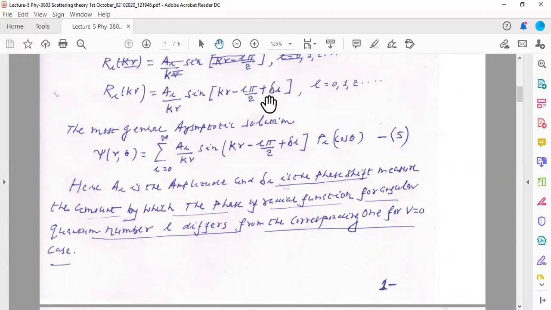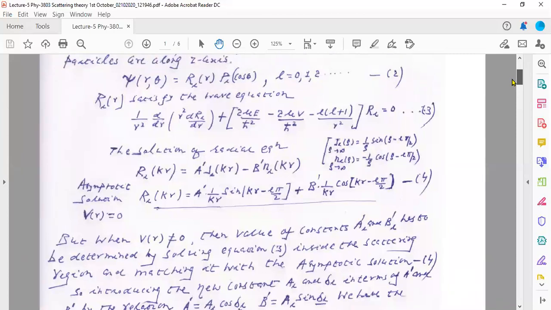So this expression is RL of Kr, which is the solution which we obtain in presence of potential. And once you know RL of Kr, you substitute this RL of Kr in the expression of the wave function psi of r theta, for which we have calculated the asymptotic solution of the radial wave equation.